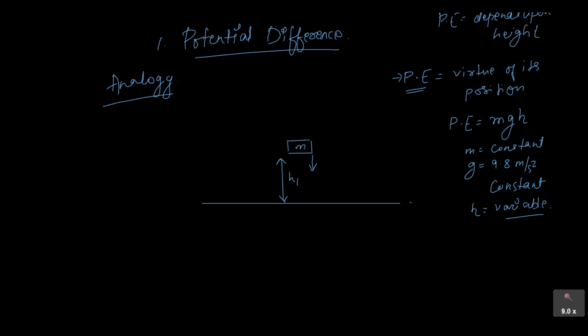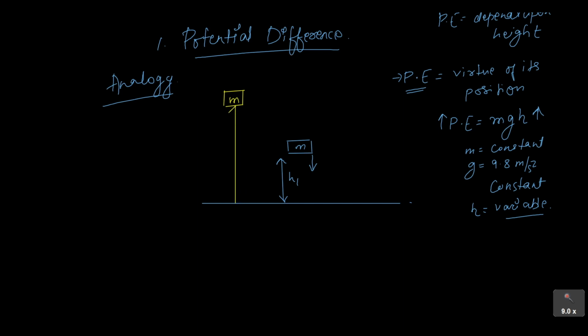If I increase the height, then the potential energy also increases. So let me make another mass m, considering both have the same mass, but at a different height.